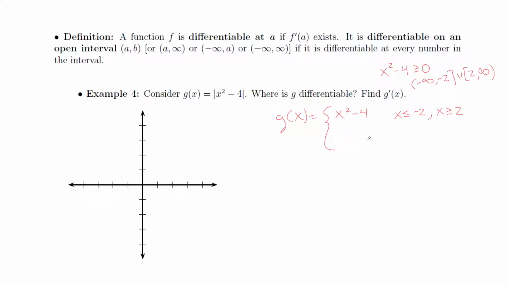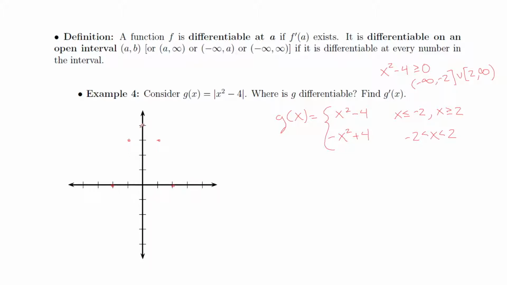But when what you have inside the absolute value is negative, you've got to take the opposite of that to basically make it positive again, right? So we get the opposite, negative x squared plus 4, whenever x is between negative 2 and 2. And so we talked about the graph of this. Between negative 2 and 2, you just have a parabola that is facing downward.